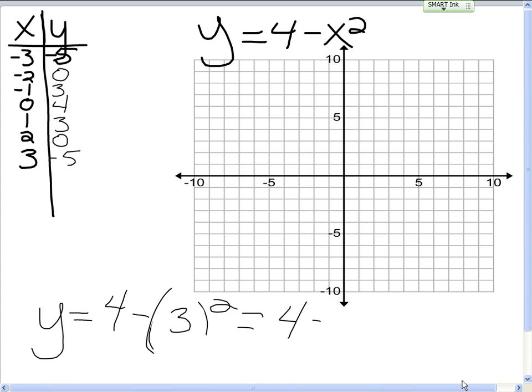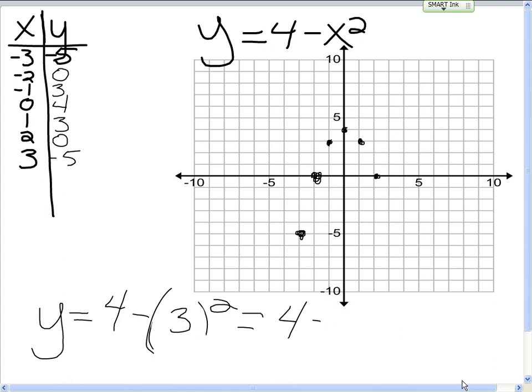All right, you are going to take each of those points and you're going to plot them. So negative 3, negative 5 is here. Negative 2, 0. Negative 1, 3. 0, 4. 1, 3. 2, 0.